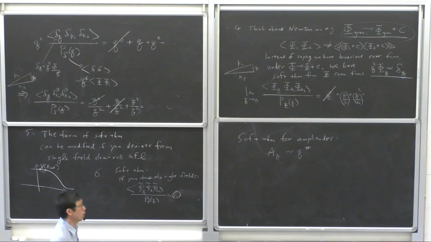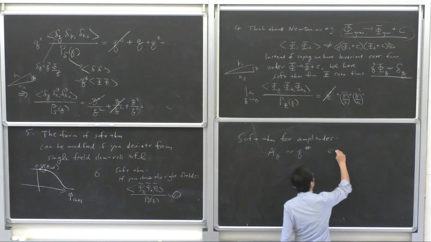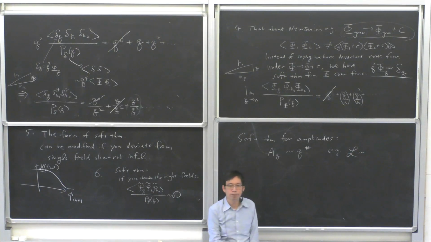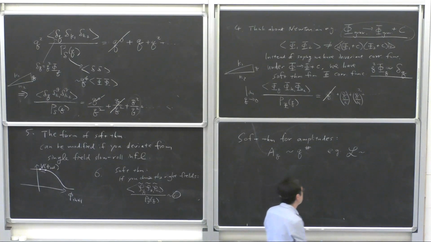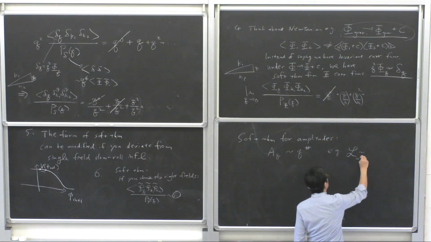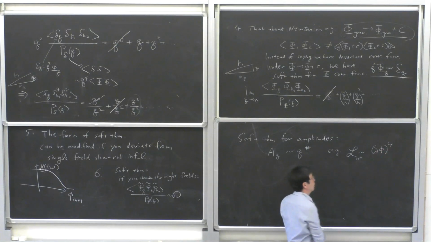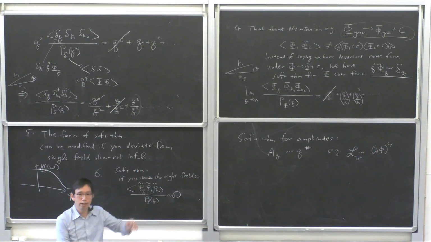So let me do something very simple. Example: suppose you have a theory that is shift symmetric, and the only interaction you have, let me do the quartic interaction, is (dφ)^4. I keep writing phi, but don't confuse the different phi, this phi is just some generic phi.